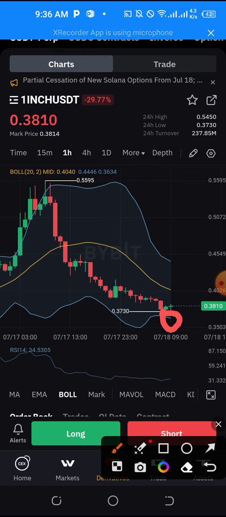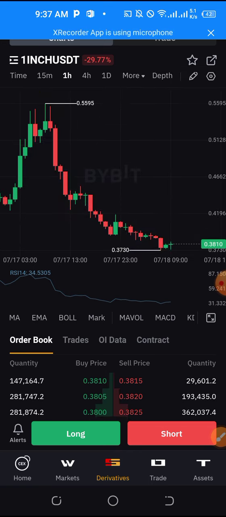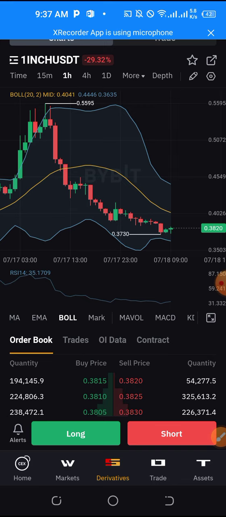But to confirm the signal, because if I just enter now, for example, if I remove the Bollinger Band from this trade, you see that nothing is giving me any sign. I don't know if I need to buy or sell, I just know that the price is going down. But once I activate the Bollinger Band, it gives me clarity: it's below the middle Bollinger Band, almost touching the lower Bollinger Band.